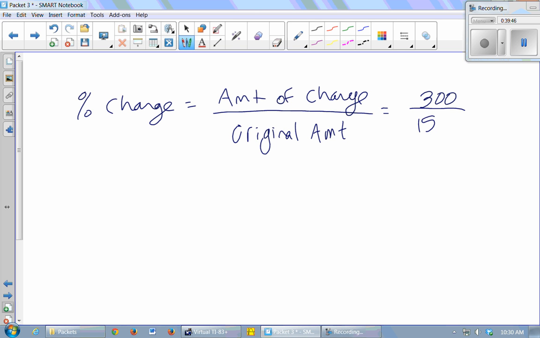He put the finishing amount down there, right? And got 2, which is 200%. If crime had grown from 150 to 450, that would be a 200% increase. You can grow by more than 100%, but you can't decrease by more than 100%. A 100% decrease means everything is gone.